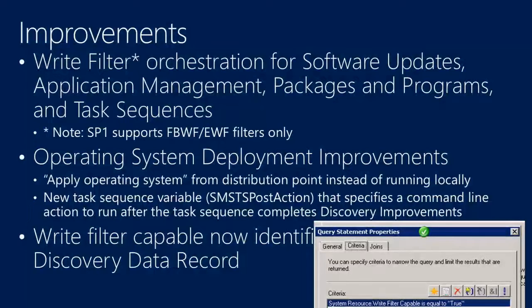Then based on that query or criteria, you can create a collection of devices, or take any sort of actions based on that criteria, which only applies to the embedded devices. So if you have a mix of devices in your enterprise, then you can filter write filter devices separately using this query.